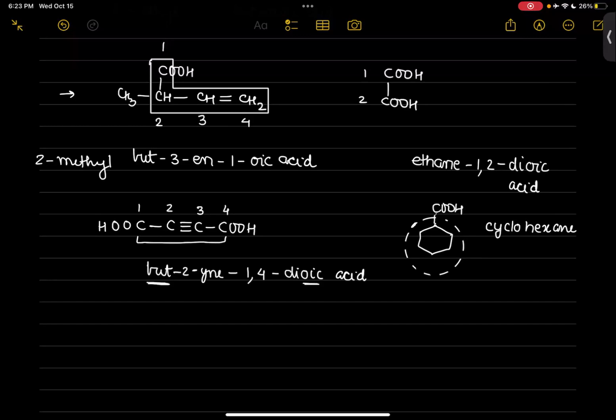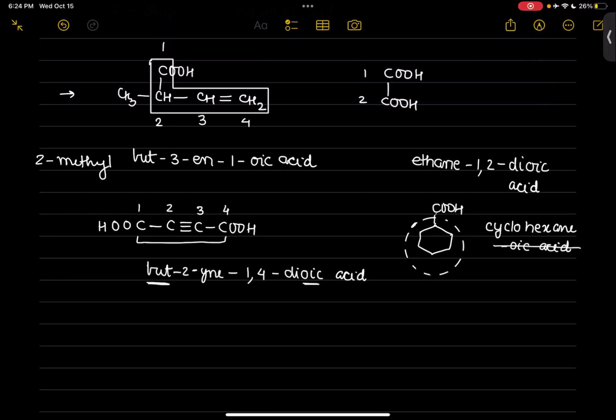But we can very quickly correct it if we include a special suffix which also contains the information of the carbon. So we are not going to write oic acid. Normally till now we were writing oic acid because we included all the carbon in the word root. But here, if we write oic acid, we have not included the carbon atom.